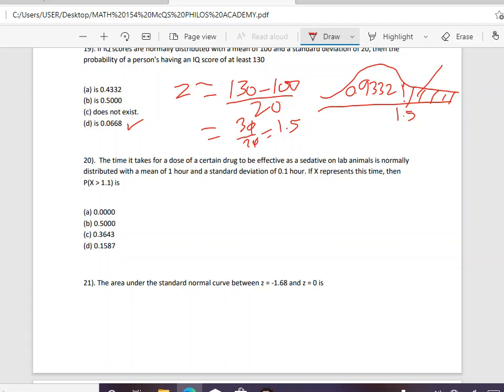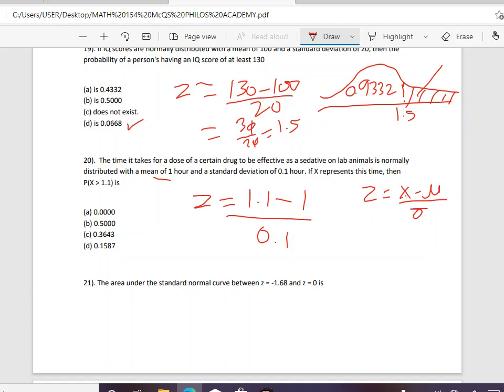So to do this, we will find z. Our x is what? 1.1. 1.1 minus, what is the mean? The mean is 1, divided by, what's the standard deviation? 0.1. We are using the formula z is equal to x minus mean divided by standard deviation.